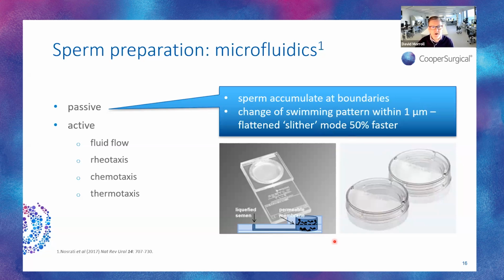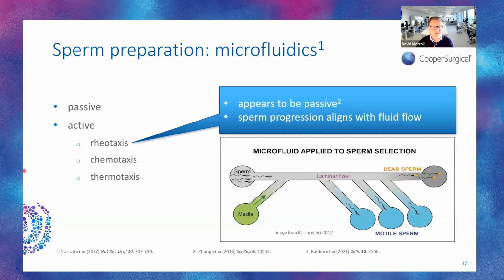Now there are other approaches. With the more active approaches, you can have microfluidics where they use chemical attractants or a thermal gradient, a temperature gradient. More commonly, it's rheotaxis, so it relies on motility flow. And again, really interesting approaches to separating the best sperm.